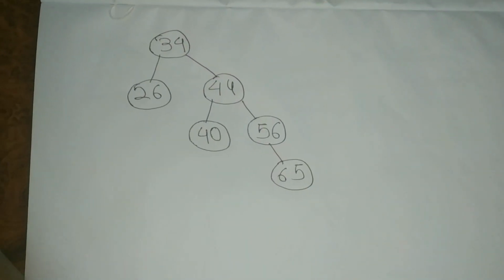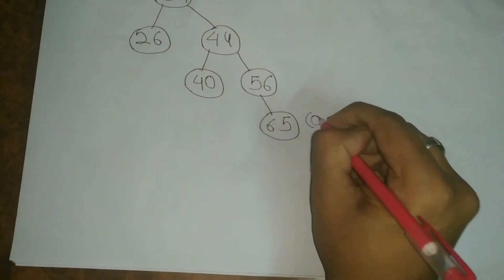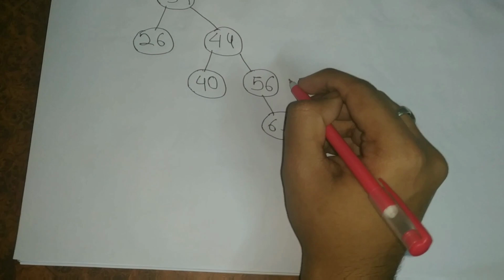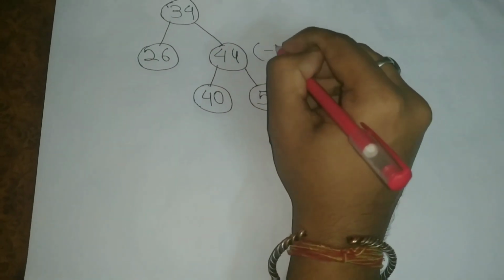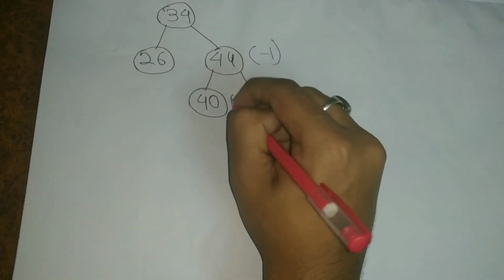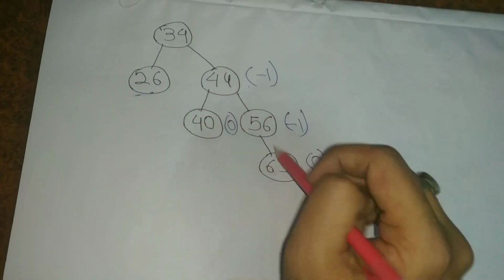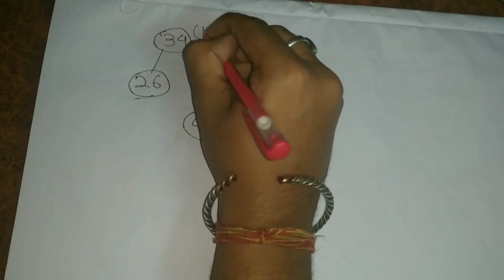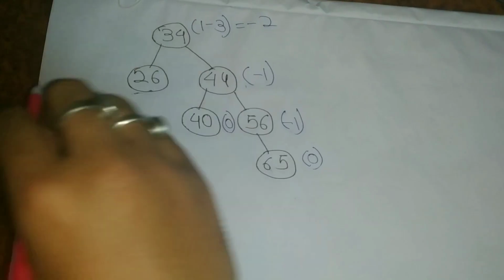Okay, so this is 0, this will be minus 1, this will be minus 1, this is 0, and this will be 1 and 1 minus 3, that will become minus 2.